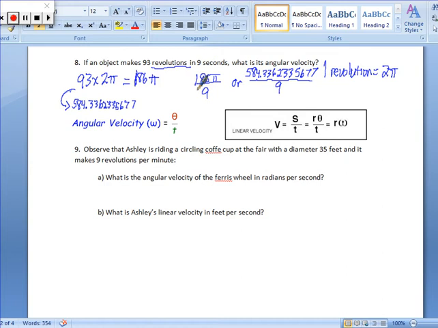It depends on how comfortable you are, but once you plug one of them in, you will see that the answer here is supposed to be 64.93. Okay, that's the answer.